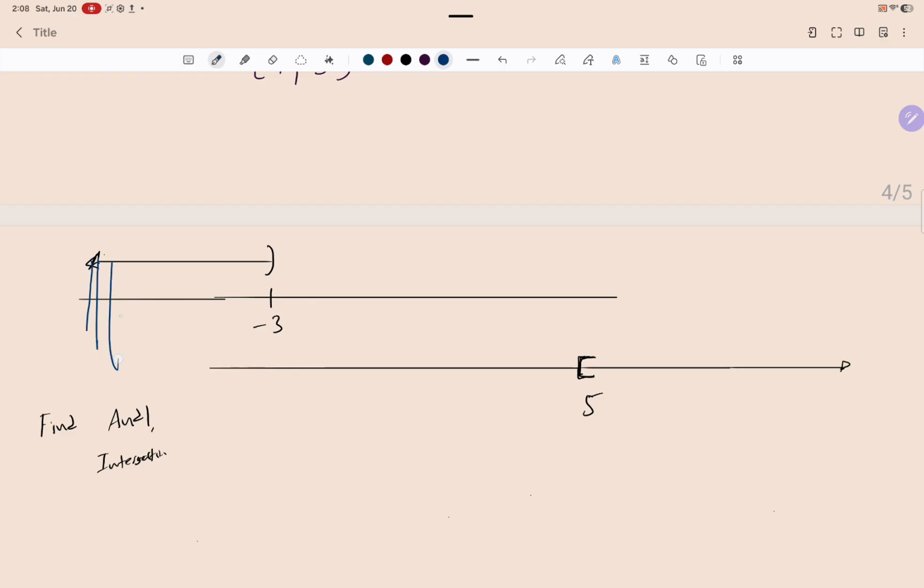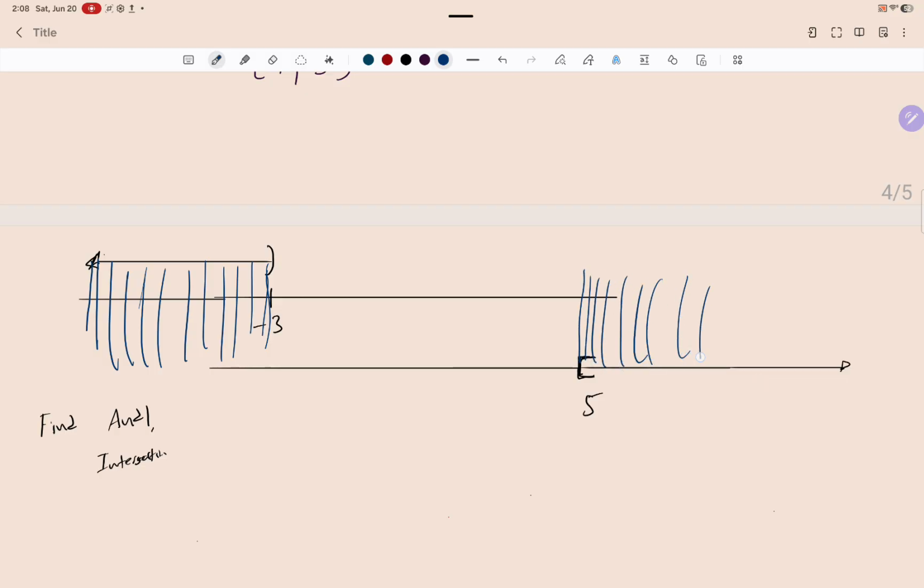So here, it doesn't go past the -3, and here it starts at the 5 and goes here. But notice that they don't overlap, right? So in other words, there's no place of overlap. Therefore, for the and case, the solution is going to be empty.